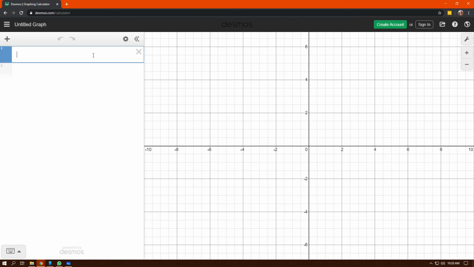All right, so let's give me a recursive formula. So we'll start with 7 times 4 raised to the n minus 1. So in this scenario, my common ratio is 4.